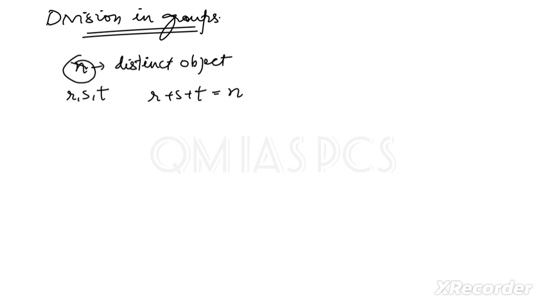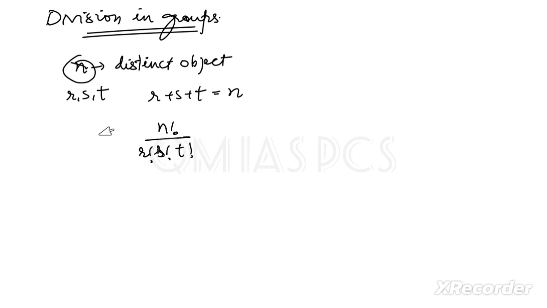The number of ways in which n distinct objects can be split into three groups containing r, s, t objects will be factorial n divided by factorial r, factorial s, factorial t.